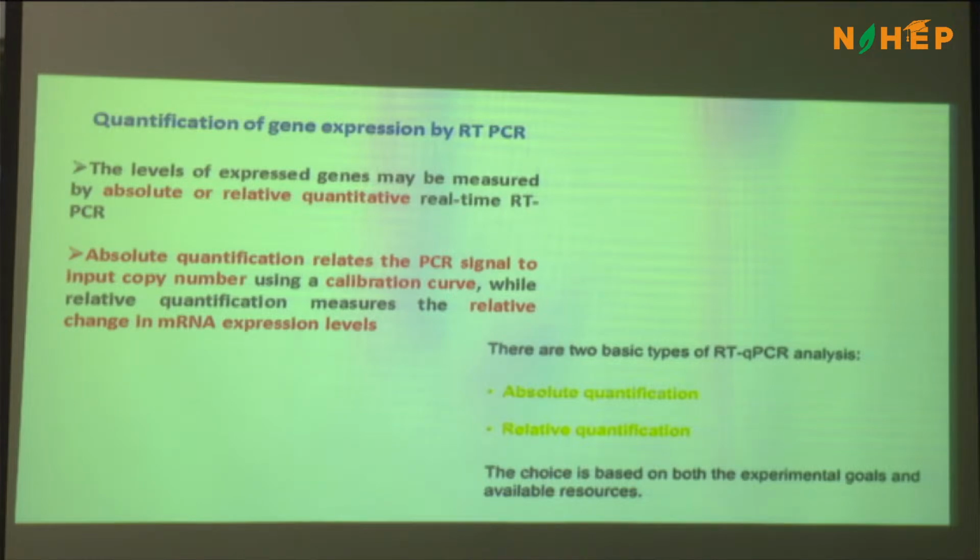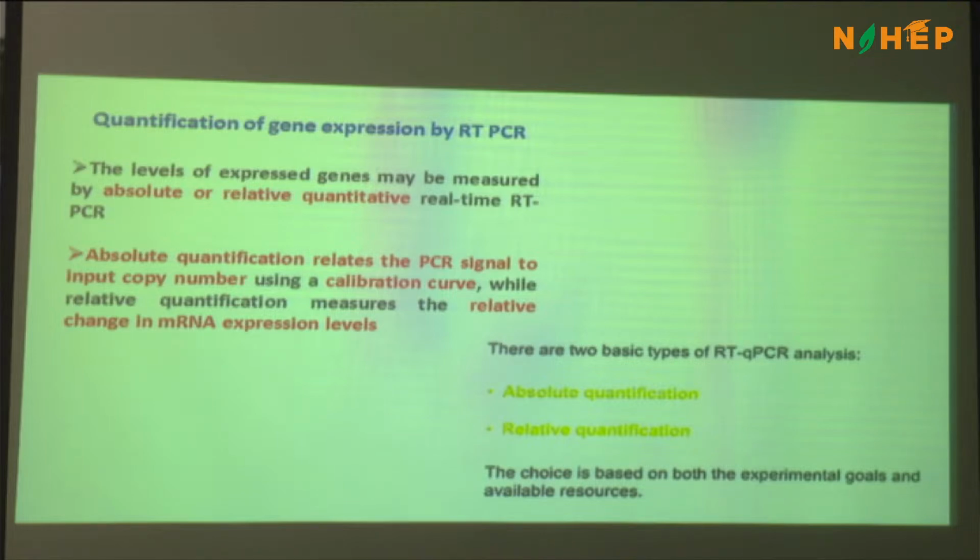Absolute quantitation relates the PCR signal to the input copy number using a calibration curve, while relative quantification measures the relative change in RNA levels, depending upon the experimental circumstances. Okay, not a big deal here, very simple, just follow the slides. The choice of the tool depends upon the biological question you have in your mind.